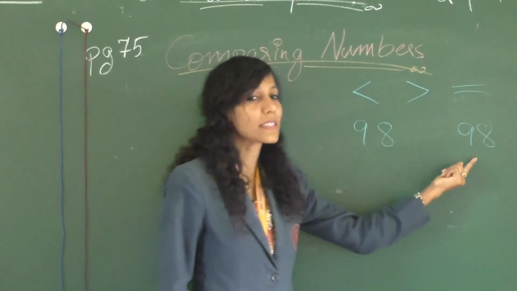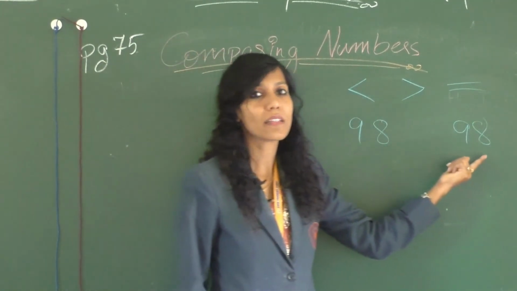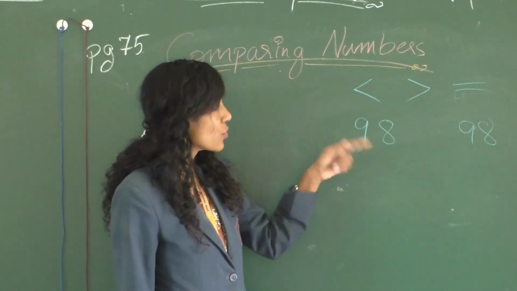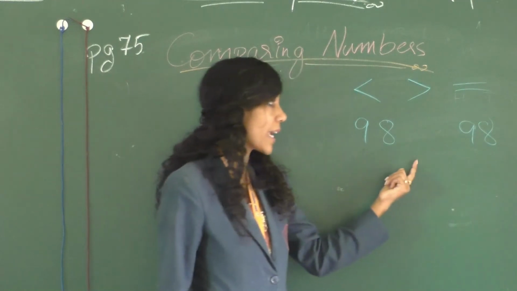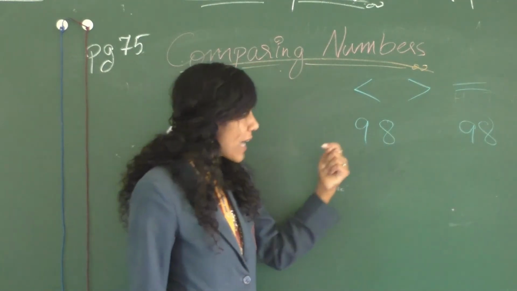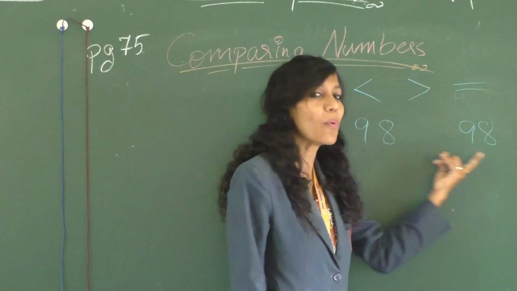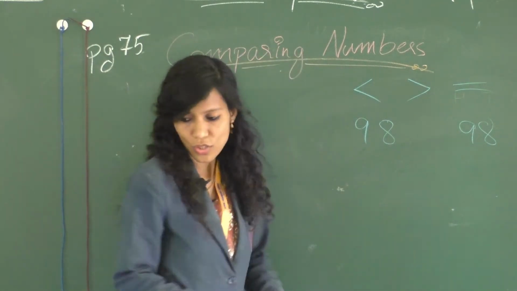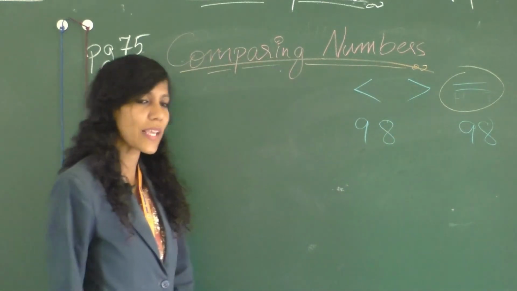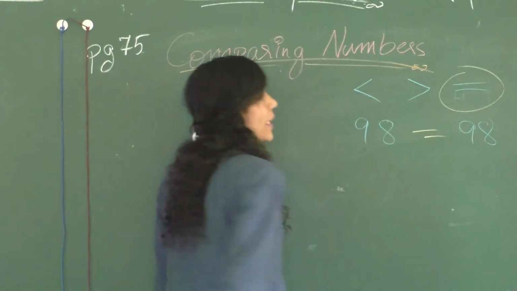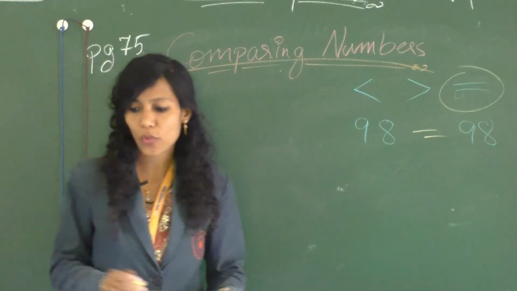Tens, 9, 9. Same. If you go to the ones place, 8 and 8. Again same. You have the third position, you don't have. So both are same for us. So which symbol will we put? Yes, equal to, both are same.